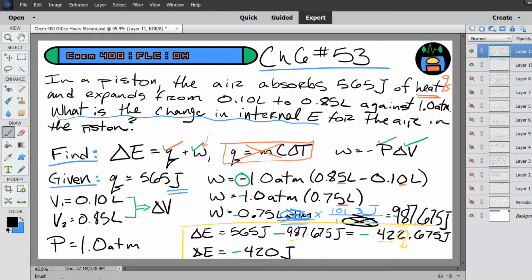Let me see. Did I totally mess up my calculation? Jason, let me double check. Holy moly, I could have just totally botched this thing. Let's see. 101.3 times 0.75. Yeah, I don't know what went wrong.